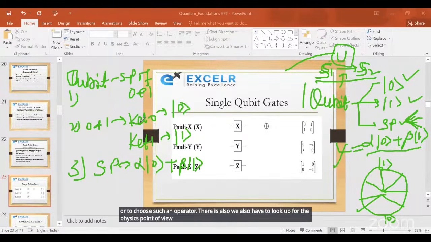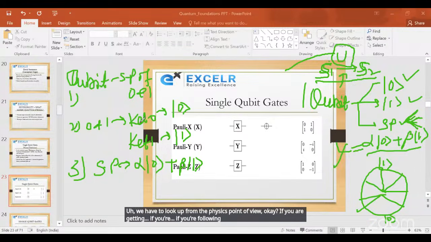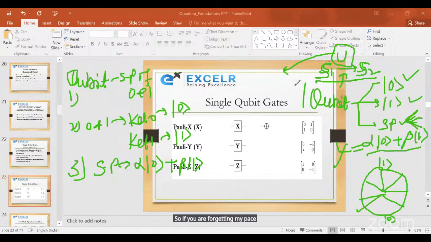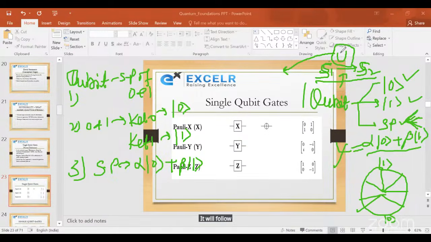Whoever is saying it's a theoretical thing, if you are following my pace, then you will not say that. How do we choose the unitary operator in such a way that it follows our requirements?